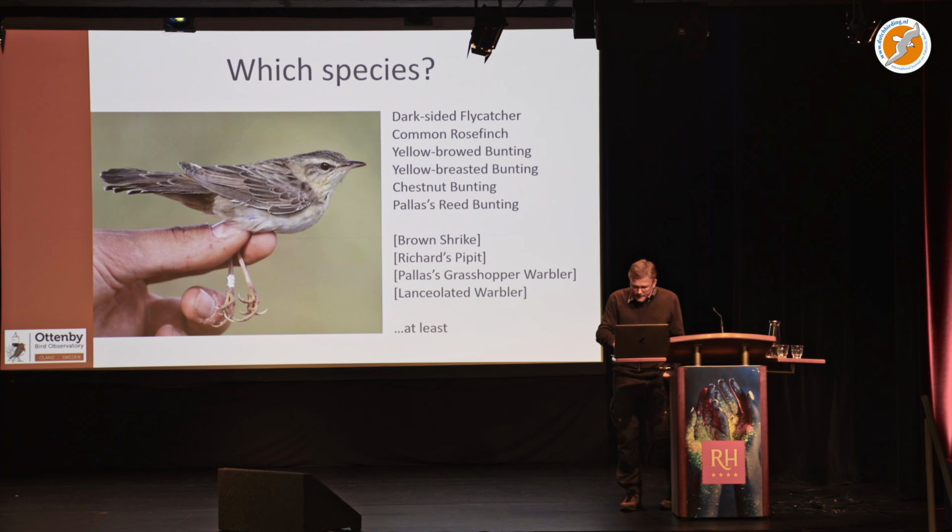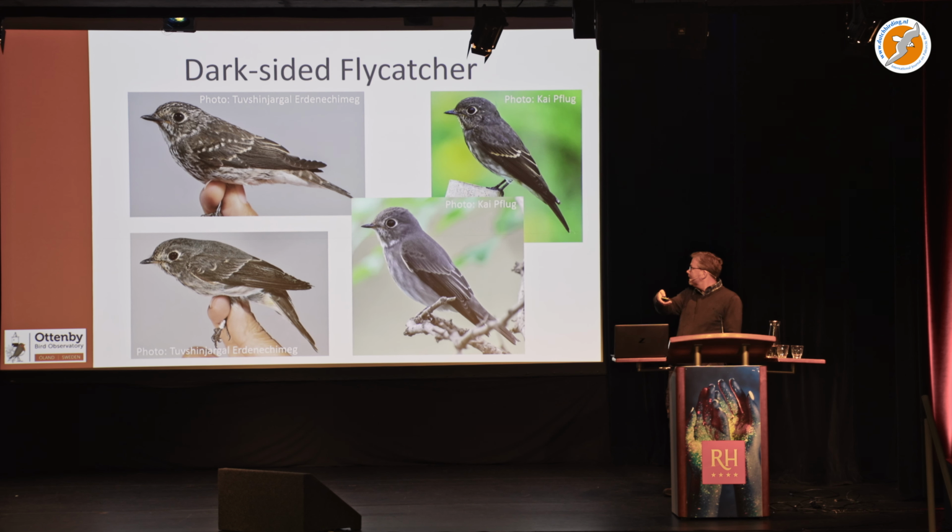Okay, let's take a look at a few of these species. I have only chosen a few species from the top group here. This one I think you are very familiar with since last autumn here in Holland, the dark-sided flycatcher.